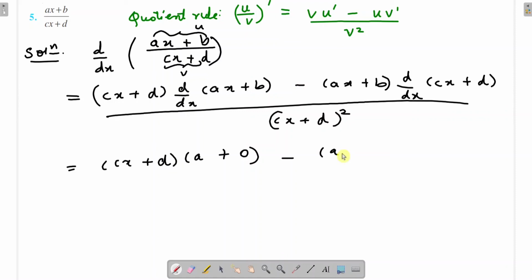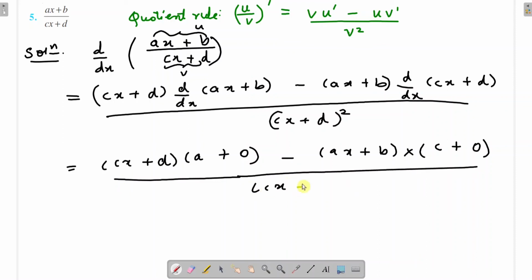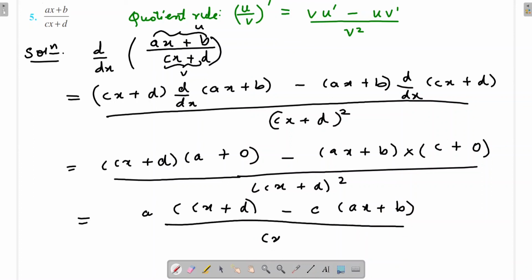So minus bracket ax plus b multiplied by the derivative of cx, which is c, plus the derivative of d, which is a constant, so 0, and then divided by cx plus d the whole square. So this will be equal to a plus 0 is a, then bracket cx plus d and minus c times ax plus b, and divided by cx plus d the whole square.